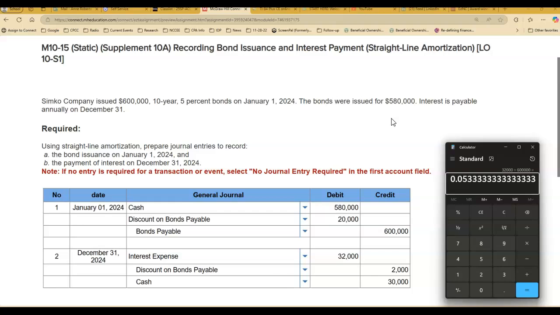But again, we prepaid that interest. So on some level, that expenditure on day one means that we have to pay less in the future.